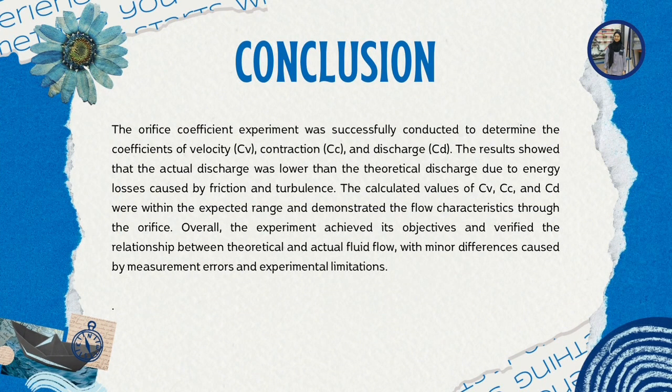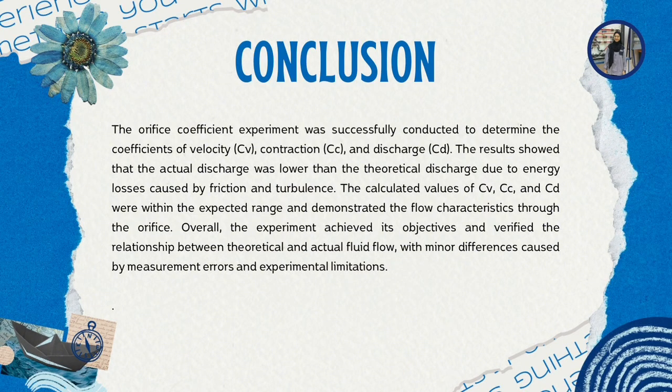Finally, for the conclusion, the orifice coefficient experiment was successfully conducted to determine the coefficient of velocity Cv, contraction Cc, and discharge Cd. The results showed that the actual discharge was lower than the theoretical discharge due to energy losses caused by friction and turbulence.